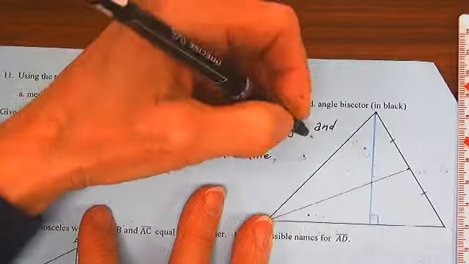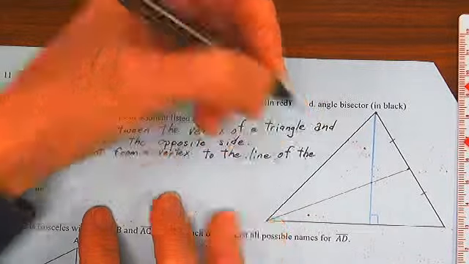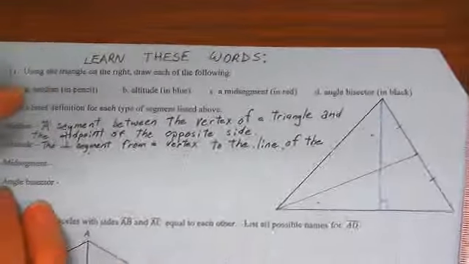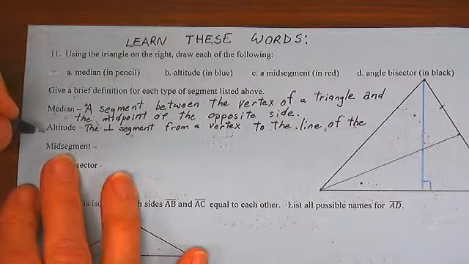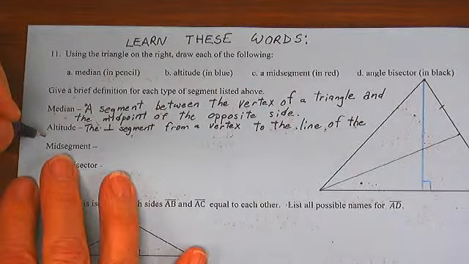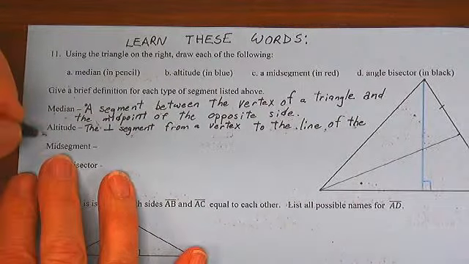Now, why do we say that like that? Because sometimes you have interesting obtuse triangles in which one of the altitudes can actually be outside the triangle.